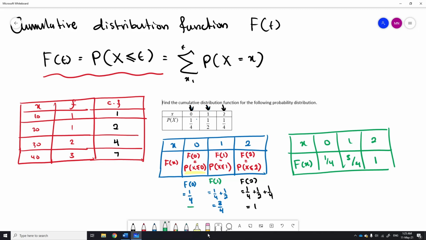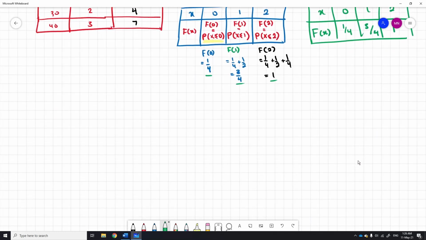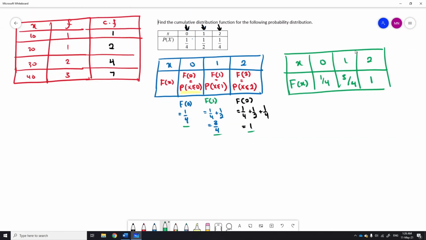We place this value inside the table. So this is the cumulative distribution table, and now let's write its cumulative distribution function.